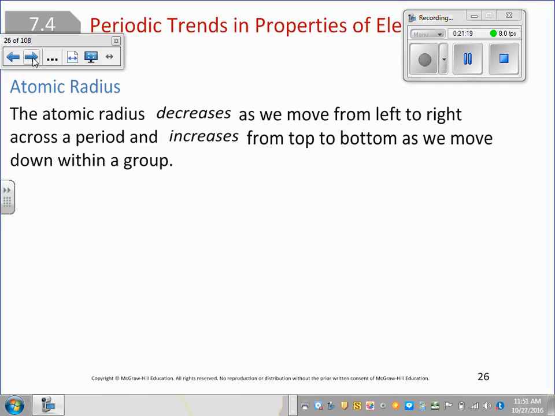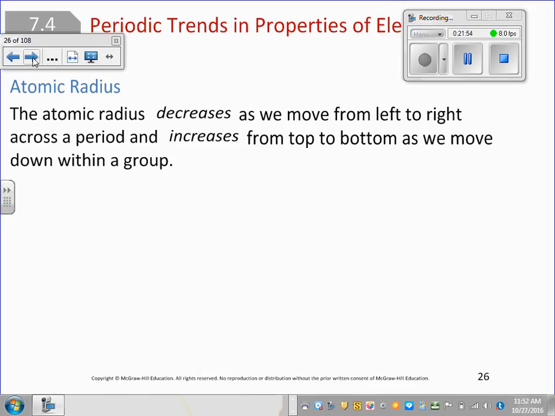Now, even though we're increasing the number of electrons, they're still in the same valence shell, right? Because we have, for example, the second row, 2s1, 2s2, 2p1, 2p2, all the way to 2p6. They're all going to be in quantum level 2. So the shielding, the core electrons underneath, aren't changing. You get still the same number underneath. But we've increased the positive charge.